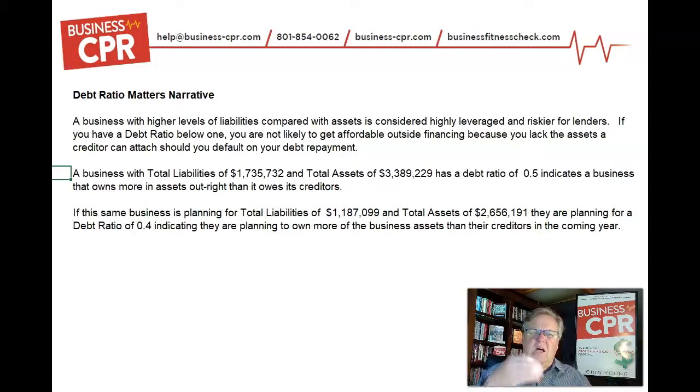So they're actually going to lower their debt ratio because they're doing two things that are really smart. One is they're positioning themselves for an economic downturn by reducing liabilities. The second thing is they're unloading assets while those assets still have some value to capture, particularly if those assets aren't contributing to the top line or the bottom line.